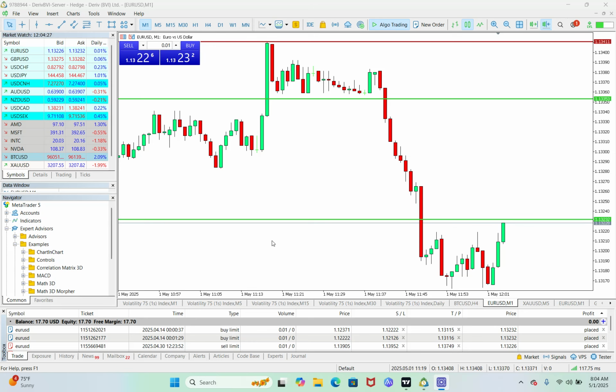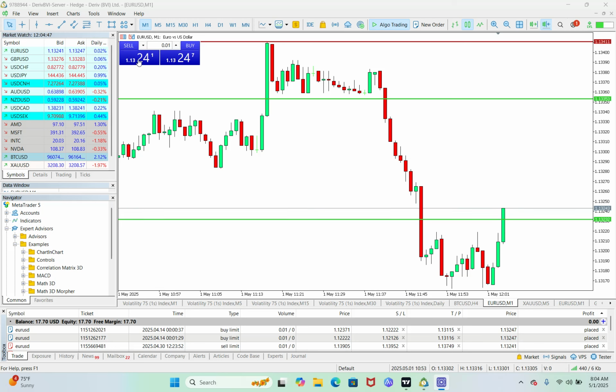I'm on this chart right now and I'm seeing a little area right here which looks interesting. So I'm going to try and see if this area will work out. Let's take a manual trade.